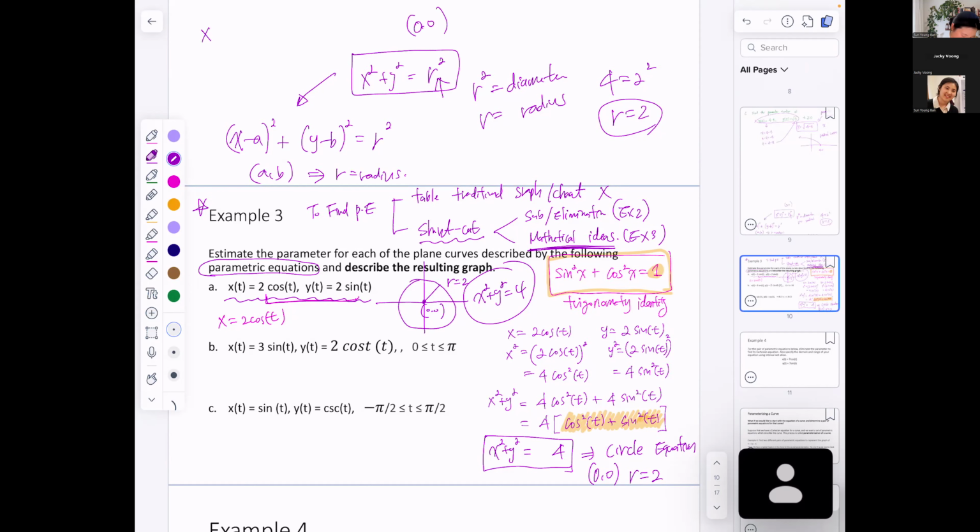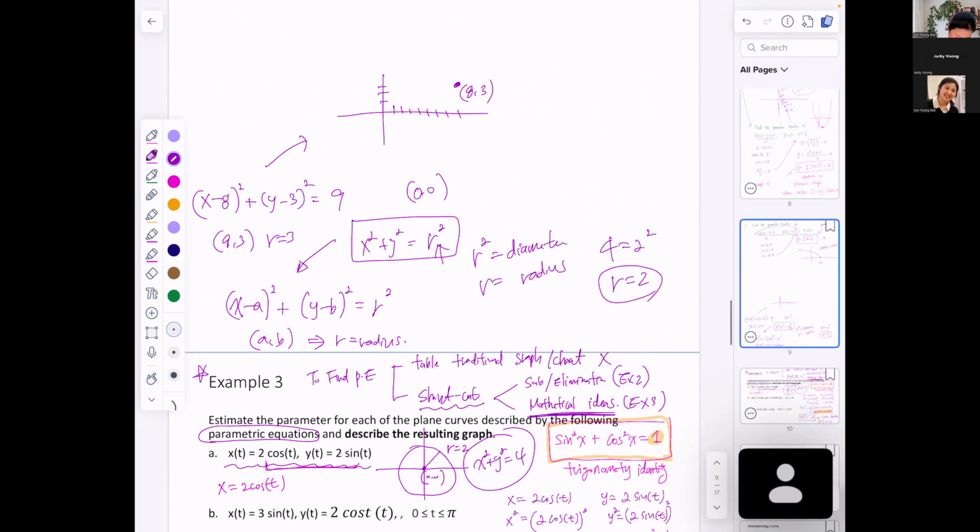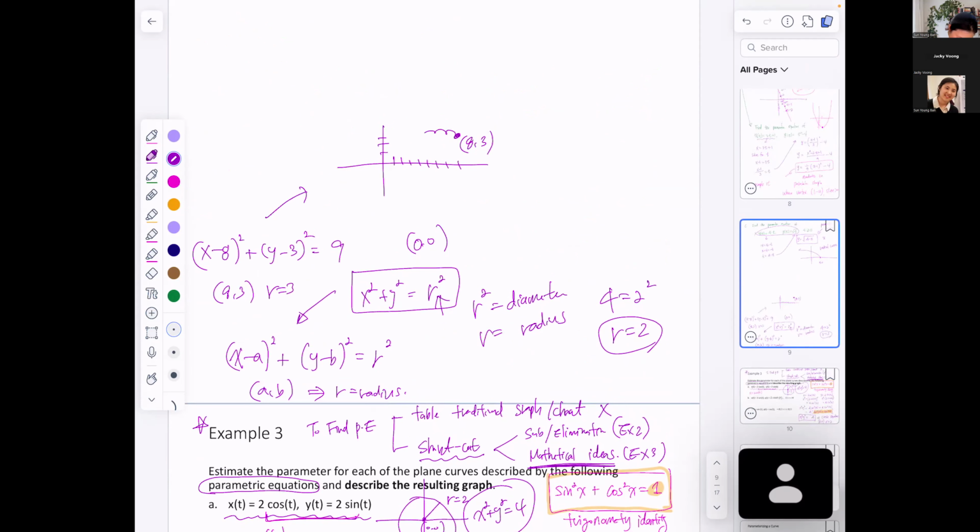You can have, let's say, x minus 8 squared plus y minus 3 squared equals 9. What does it mean? The center is (8, 3) and the radius is 3. So when you graph it, 1, 2, 3, 4, 5, 6, 7, 8, and 1, 2, 3. This is going to be the center, (8, 3), and the radius is 3, so 1, 2, 3 up, and 1, 2, 3 in each direction. So this is going to be the circle of this function.